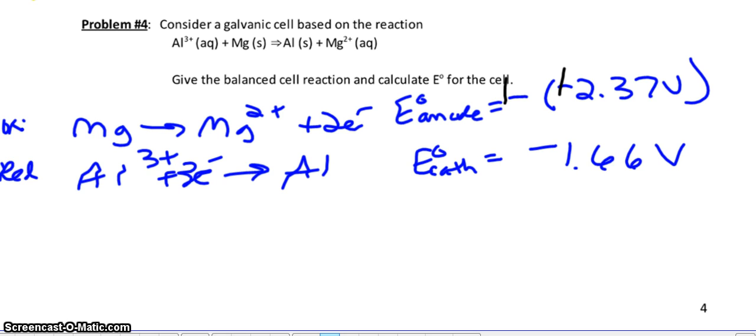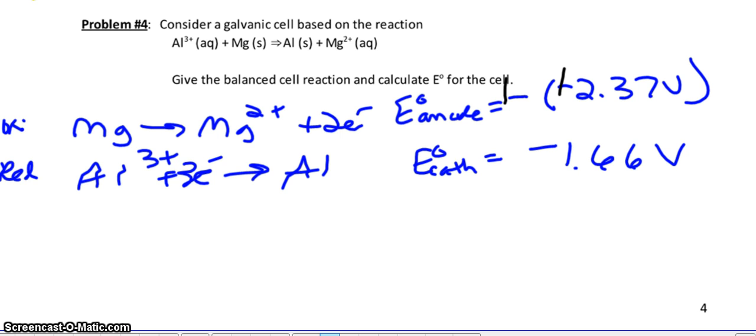In order for this to be spontaneous, hopefully that rings a bell, because in the last chapter, 16, we talked about what it takes for a reaction to be spontaneous, and that was when your delta G value was negative. And in order for a galvanic cell to be spontaneous, as a little helpful hint, your E cell needs to always be positive. There is a relationship, and we're going to discover that in future sections.